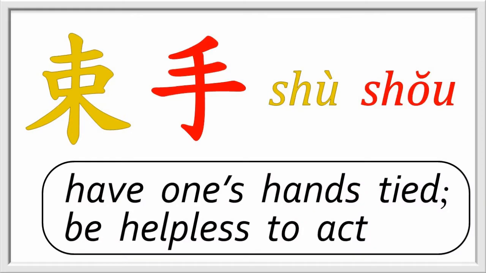With this character, we can make the expression for having one's hands tied, unable to act. Shu shou, shu shou. It can also be used as a measure word for flowers, as in a bouquet of flowers.